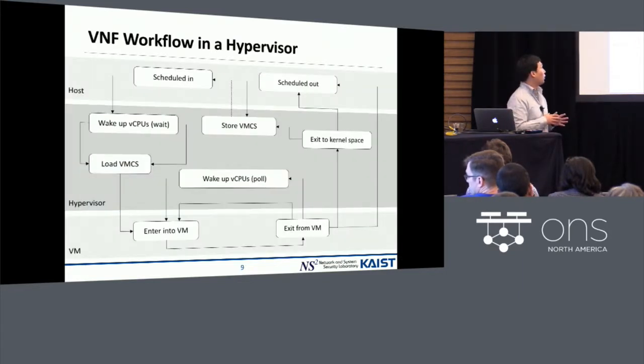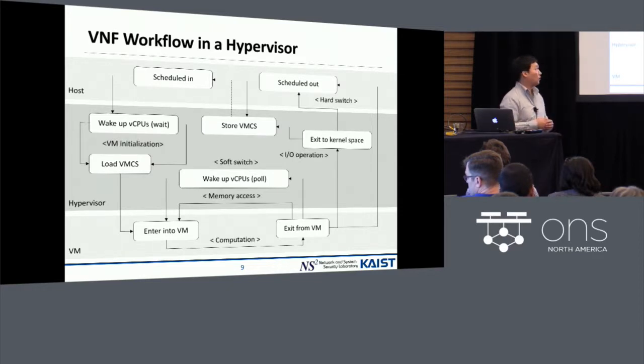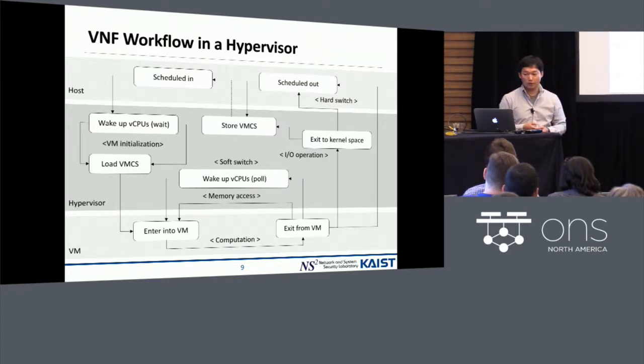The behavior of a VNF is much more complicated than what we think. Especially the jobs done in a hypervisor are so important to figure out the reasons of performance issues. Because the hypervisor handles necessary operations such as VM initialization and computation, and I/O operation for the actual process of a VNF.